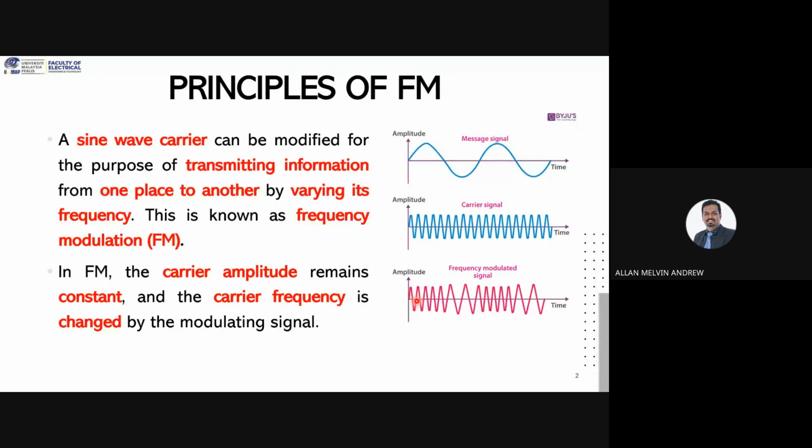When the waveform is far, the frequency is lower. Frequency modulation utilizes this concept, so your amplitude will not change. The main aim of the modulation is to transmit information from one place to another by using the frequency.